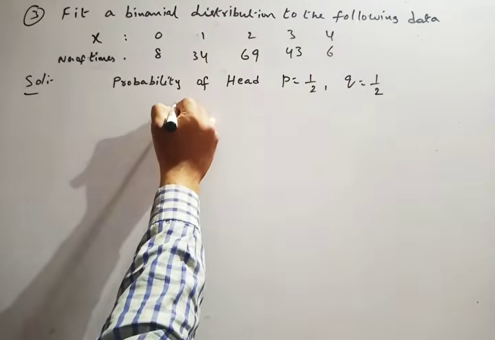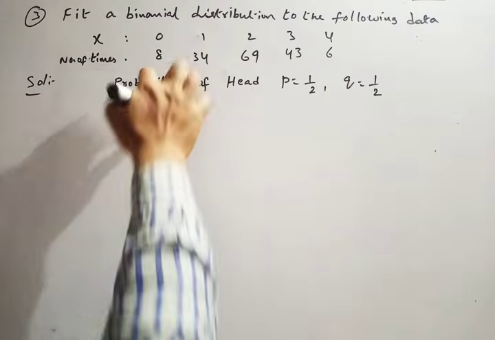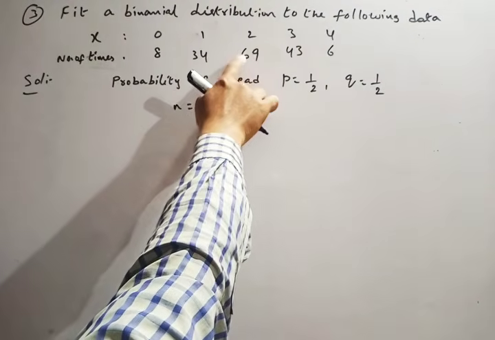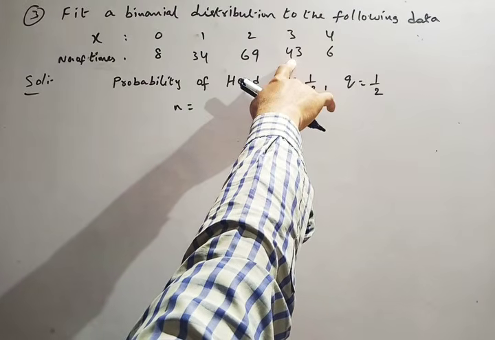In the problem, n is equal to 160. If you add these frequencies, you get 160.